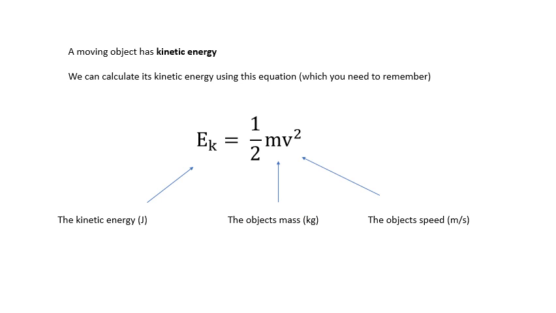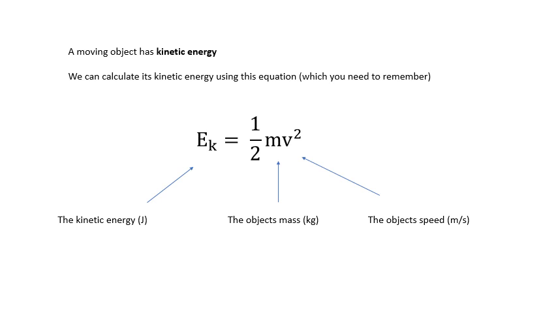Now, kinetic energy. If something's moving, then it has kinetic energy. And we can calculate its kinetic energy using this equation, and you need to remember this equation. You have to learn this equation and a few others as well. So EK is a half mv squared.